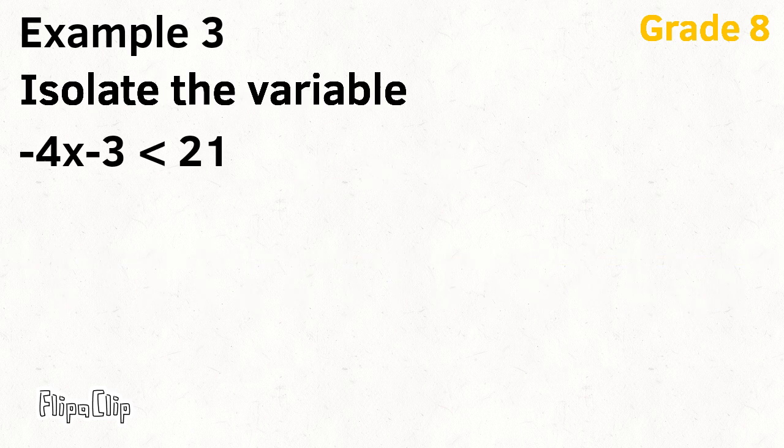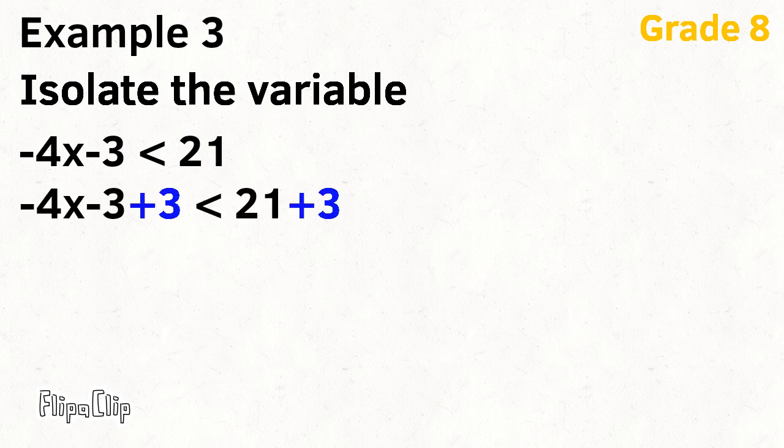So for our third example, we have negative 4x minus 3 is less than 21. Since there is nothing left to simplify, we will skip the simplifying step and move on to isolating the variable. So to remove negative 3, we have to add 3 to both sides.